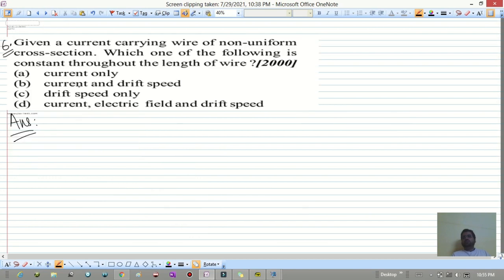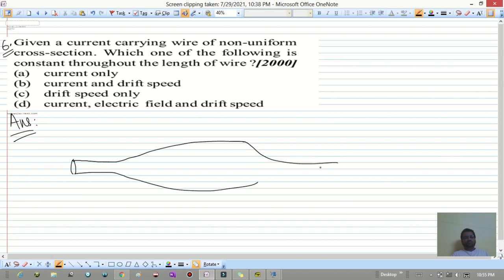Now the next problem. Given a current carrying wire of non-uniform cross section, which one of the following is constant throughout the length of the wire? So we have a wire of non-uniform cross section like this.